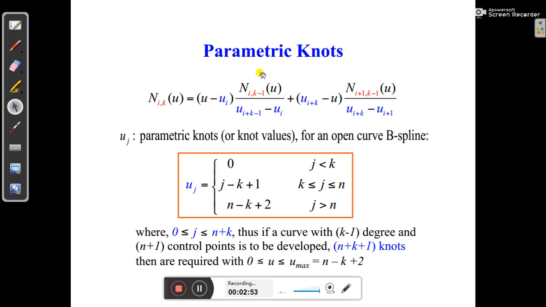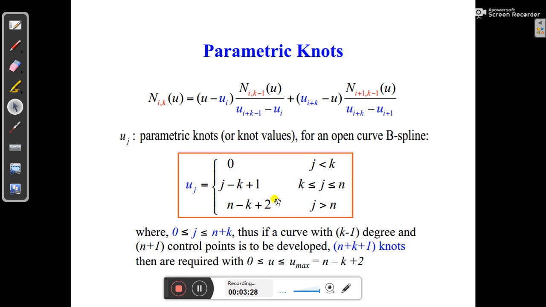Now we can see what the parametric knots are in the case of the B-spline curve. Here u is the parametric variable, or we can say parametric knots or knot values, for an open curve B-spline. And uj, or any variable ui, the value can lie in these three values: 0, or j minus k plus 1, or n minus k plus 2.